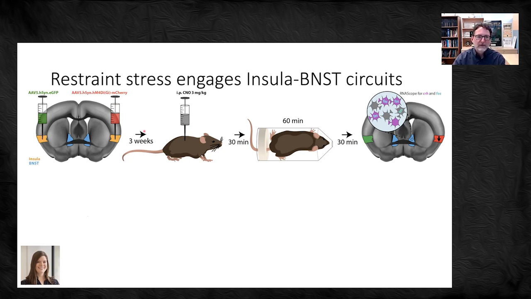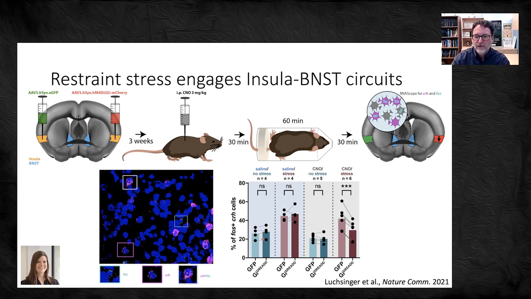She then let the animals recover for 3 weeks, gave them the DREADD drug, CNO, to activate that Gi DREADD and inhibit the insular input to the BNST on one side. She then restraint stressed the animal for 60 minutes. 30 minutes later, she processed the animals for FOS immunoreactivity.